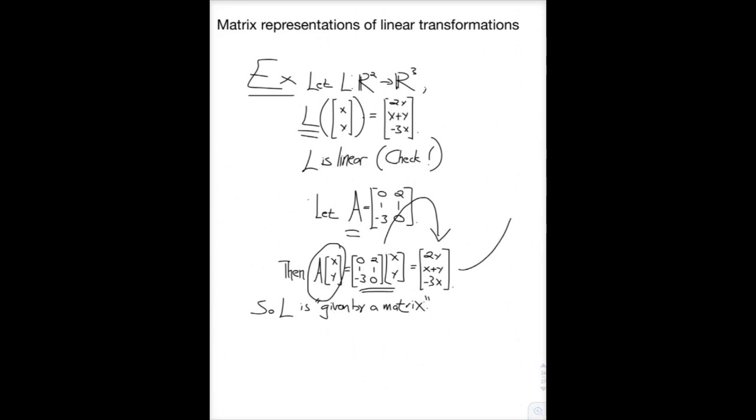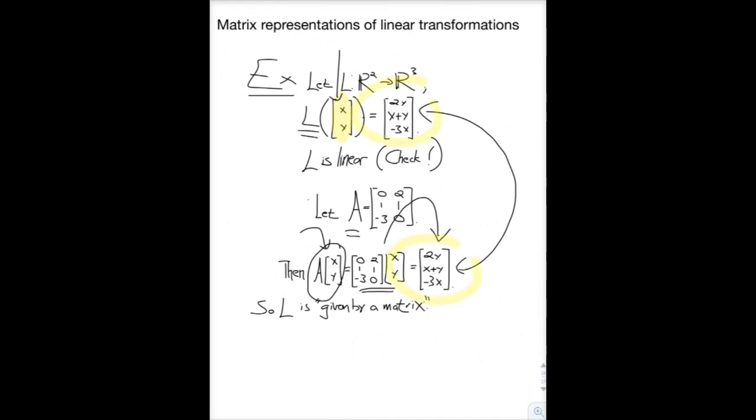But that's precisely what we obtained when we evaluated L at the column matrix (x, y). So if we're starting out with a column vector (x, y), we can do two things. One, we can stick it in L, or two, we can matrix multiply it in front of A, and we get the same thing either way.